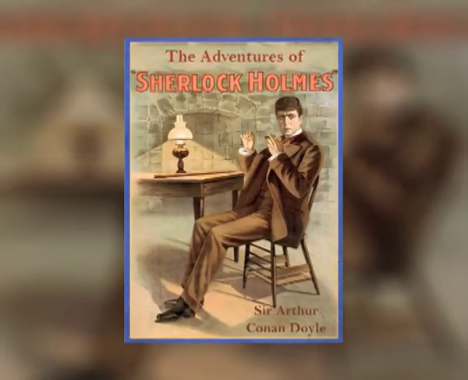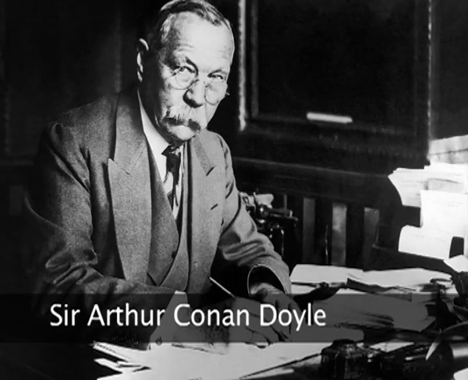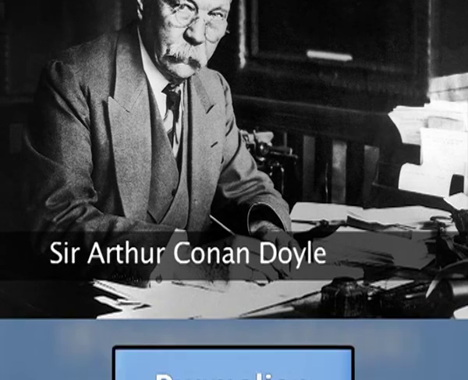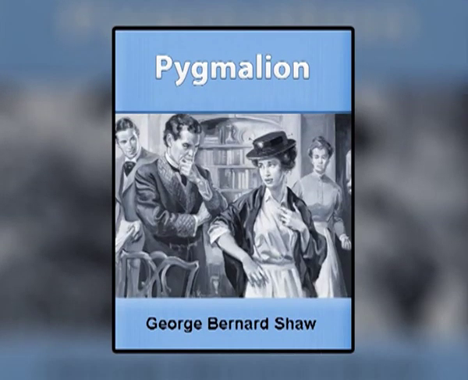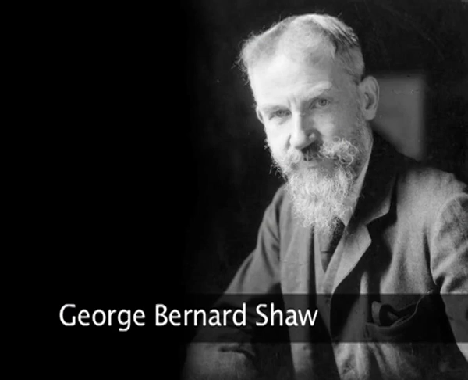Another example is The Adventures of Sherlock Holmes by Sir Arthur Conan Doyle. This is an example of mystery narrative writing. The final example is Pygmalion, a fictional play written by George Bernard Shaw. All these examples have fictional story, fictional characters, and fictional settings.